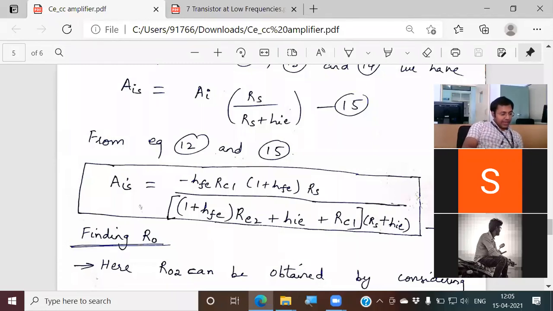The value I got is minus 7.72. Anybody getting minus 7.72? Just direct substitution, nothing.